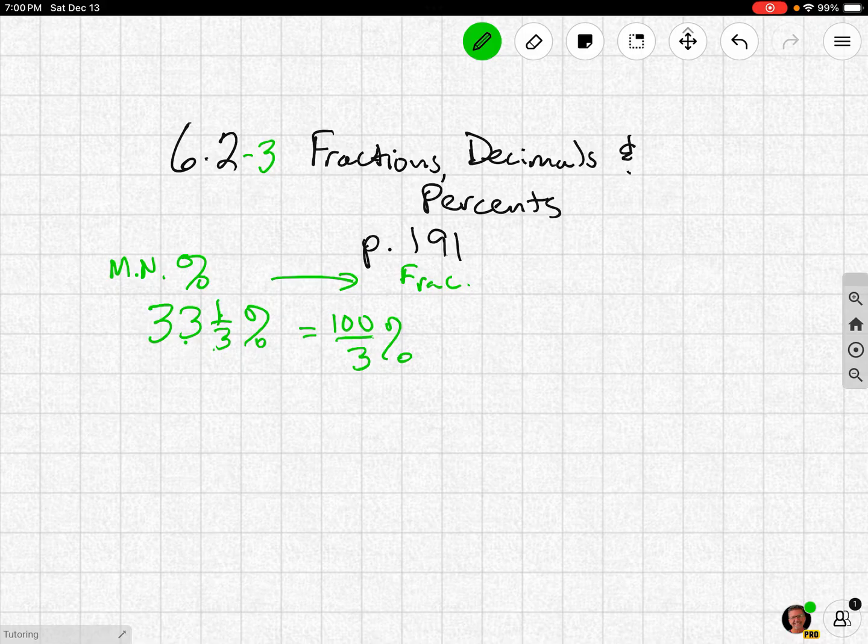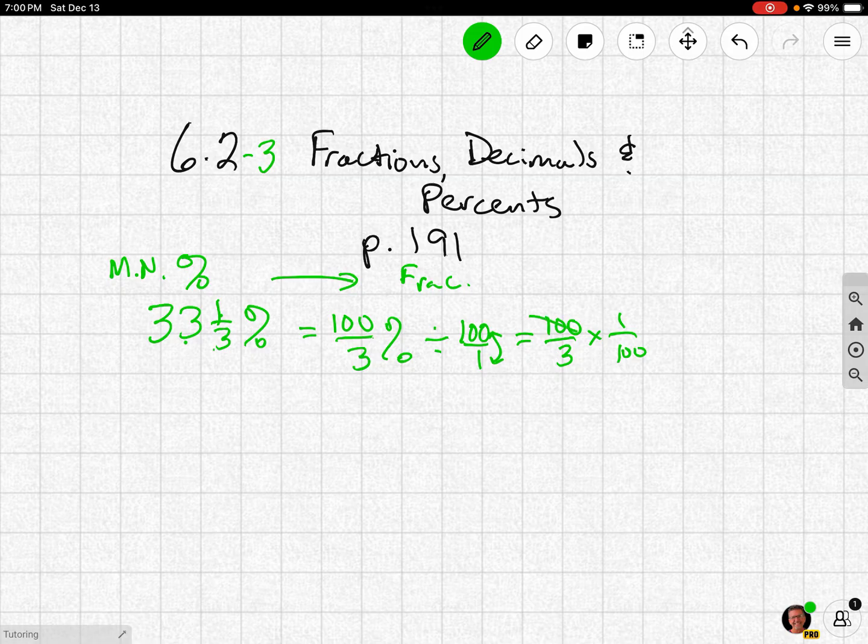And then to change this into a fraction, just like I multiplied by 100%, I'm going to divide by 100 here. When I divide this by 100, that's the same thing as saying 100 over 3 times 1 over 100, because 100 is 100 over 1, and I find the reciprocal of that, which is 1 over 100.